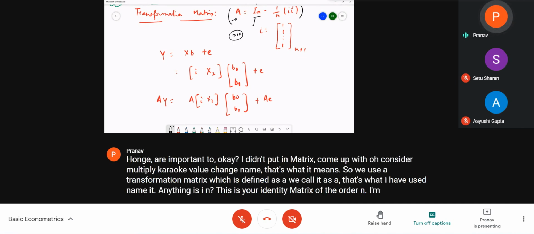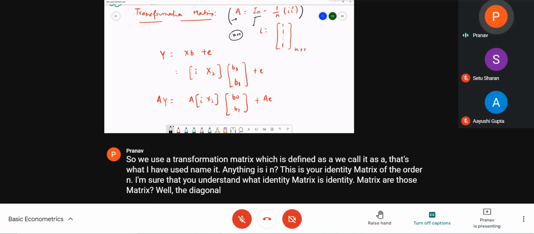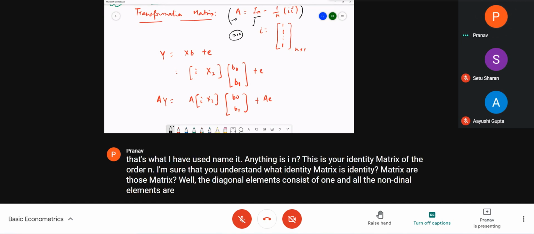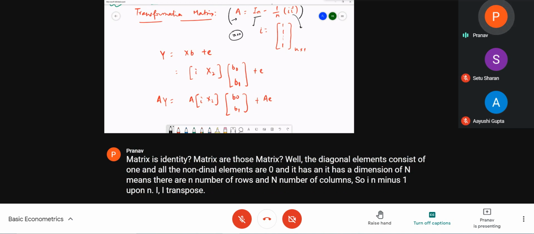Identity matrices are those where the diagonal elements are 1 and all the non-diagonal elements are 0, and the dimension n means there are n rows and n columns. And I is a column vector consisting of n ones.